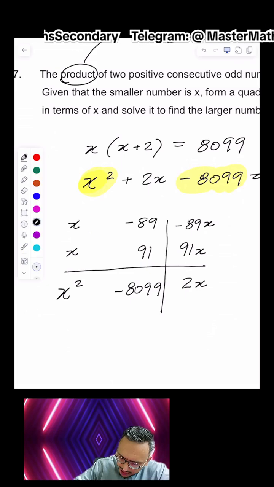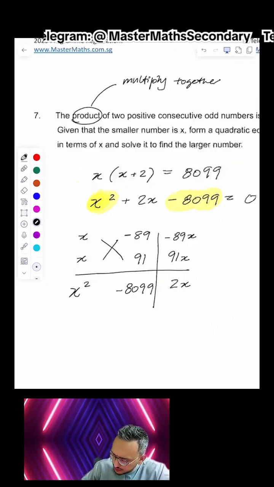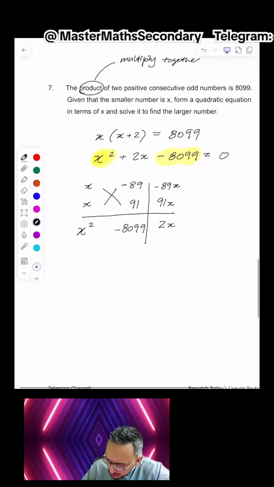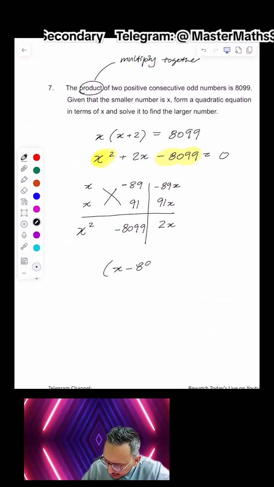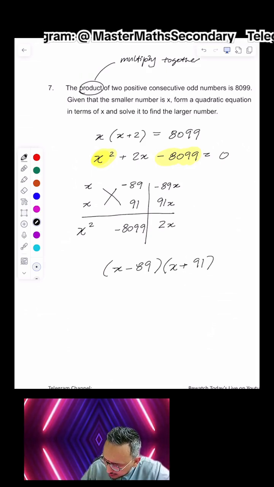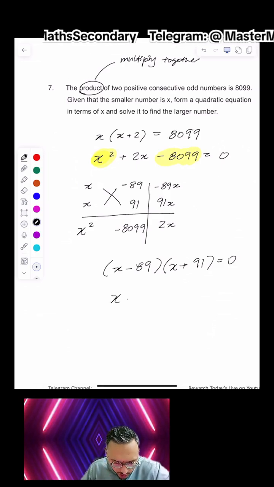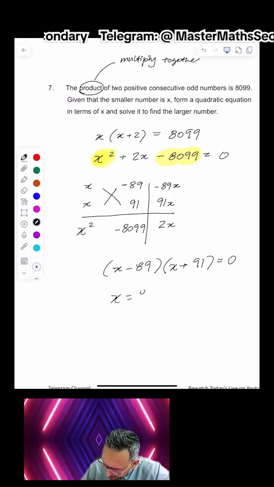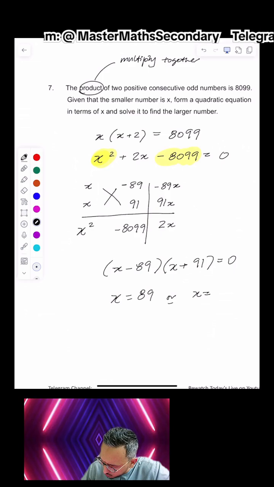With this, I'm able to factorize the above equation. I will get x minus 89 times x plus 91 equals 0. So solving, I will get x equals 89 or x equals negative 91.